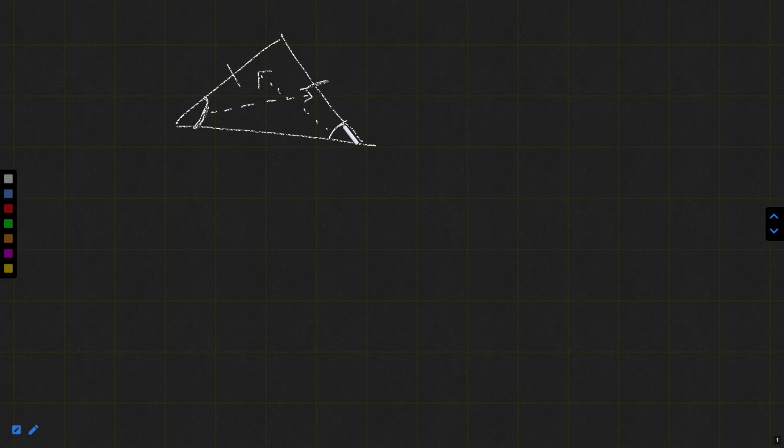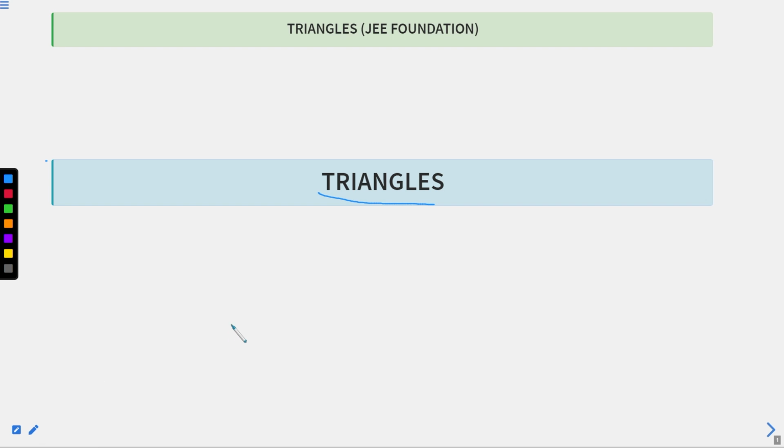And vice versa, if you are given a triangle with two equal sides, then their respective opposite angles must be equal. For this side the opposite angle is this, and for this side the opposite angle is this, and both of these angles must be equal. I hope this was clear to you.